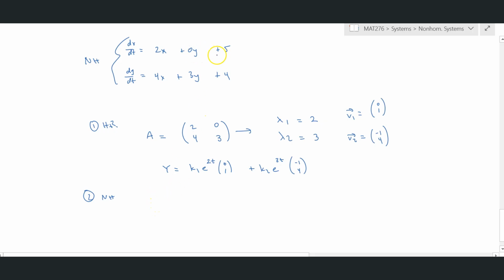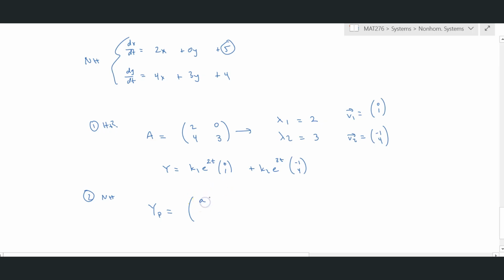Because I want to make sure that the derivative of x is equal to 2 times x plus 0 times y plus 5. So I have to be able to get a constant out of there. And so I'm going to guess my y sub p vector to be something like this. For the first equation, I look at the non-homogeneous term, I see it's a constant.